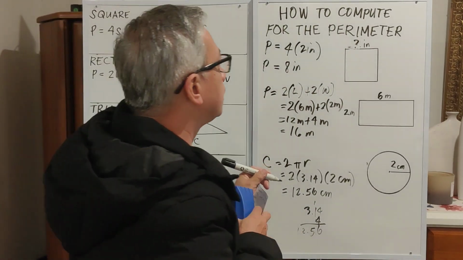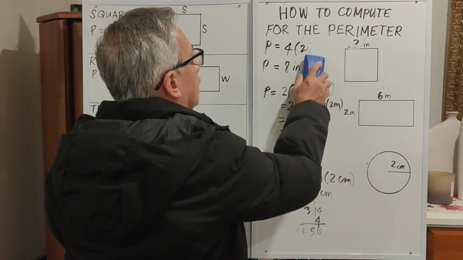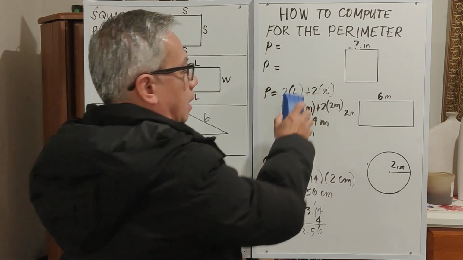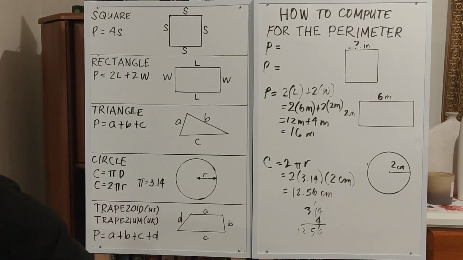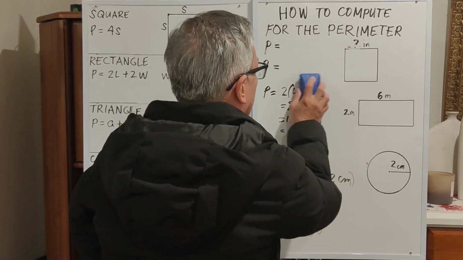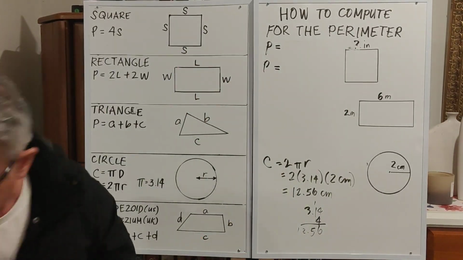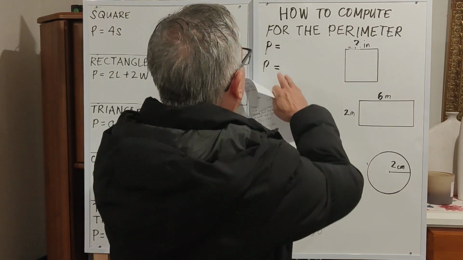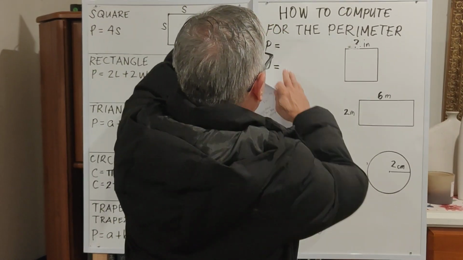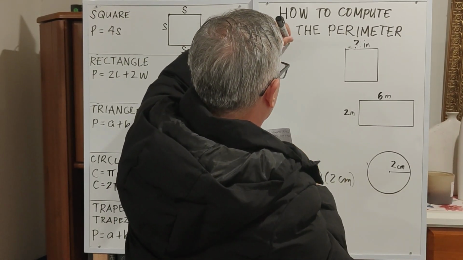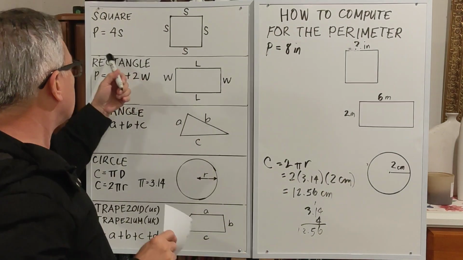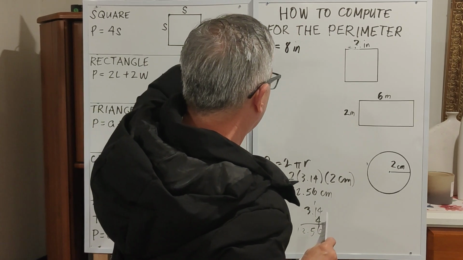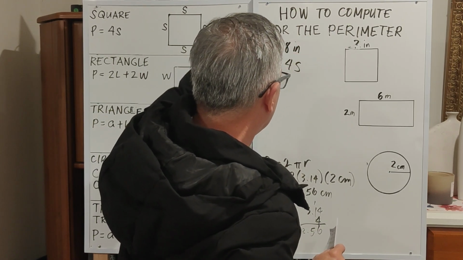Now, if we reverse the question, for example, we don't know the side but we know that the perimeter is 8 inches. We use the formula P is equal to 4S.